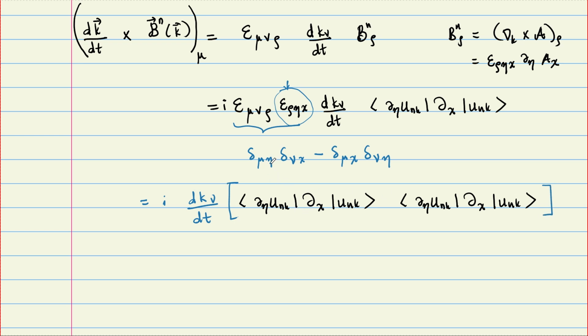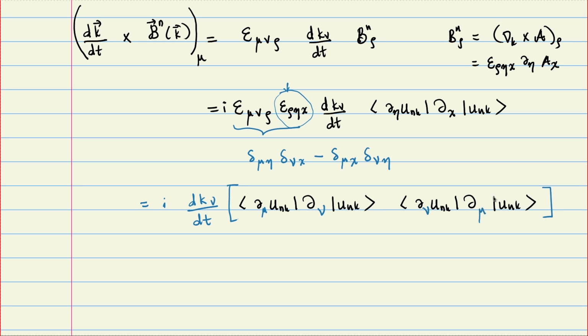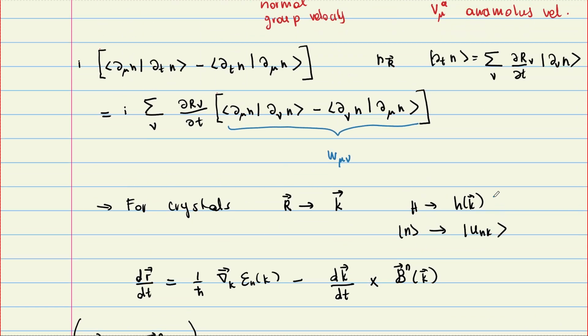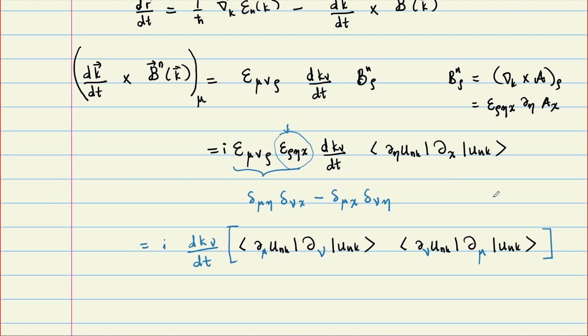So eta is mu and chi is nu. Here eta is mu and here chi is nu. And if you look at term by term, this one, oh, here also we have summation convention, right? So here summation. All of these are written with the summation convention.